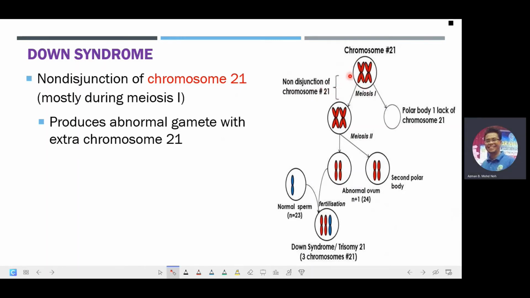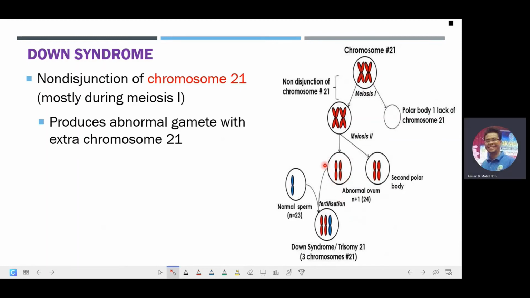We can see here that both of these homologous chromosomes 21 fail to separate, and both go into one same cell. As a result, after meiosis 2 has occurred, an abnormal ovum will be produced, having 2 copies of chromosome 21.